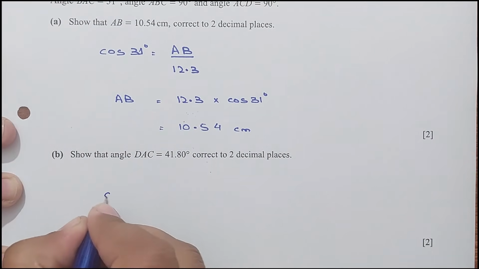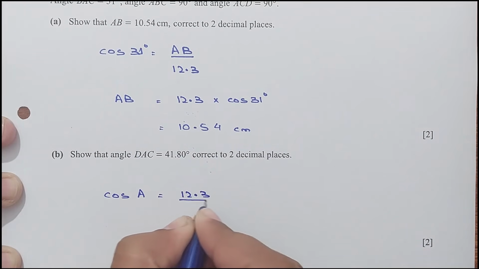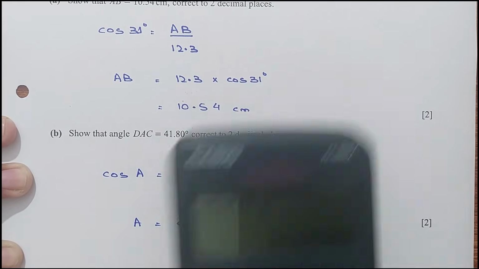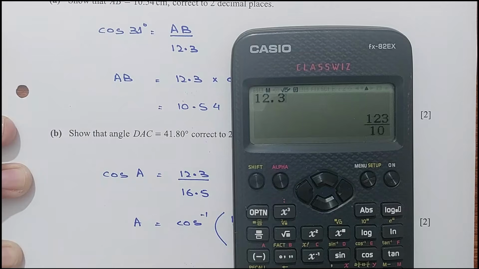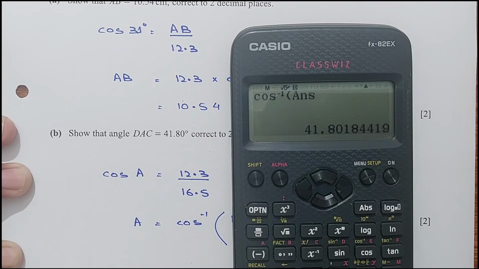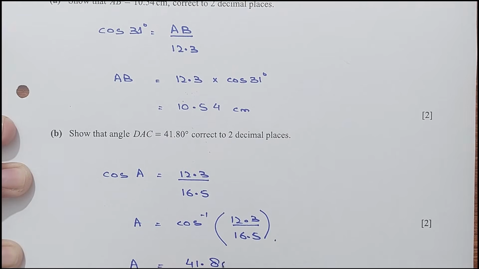Again, using the ratio of cos, cos of angle A is adjacent 12.3 over hypotenuse 16.5. So angle A should be cos inverse of 12.3 divided by 16.5. This is 41.80 degrees, up to 2 decimal places. This is angle DAC.